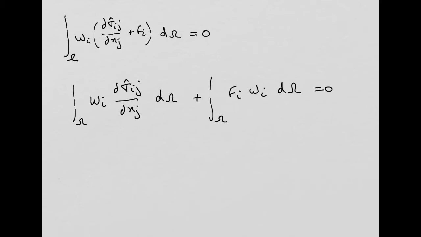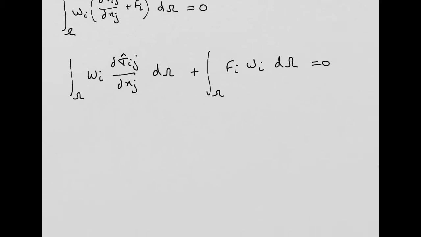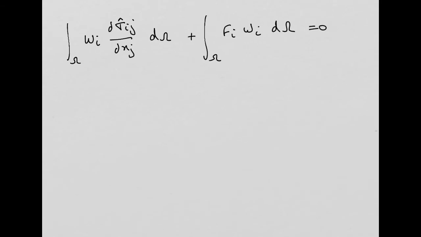So you need to use the Green theorem, but as you will see, it is very equivalent to integrating by parts. So I will keep this second integral unchanged, and I will apply the Green theorem only to this term here, okay?